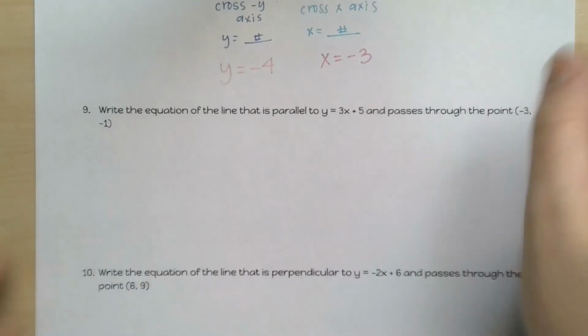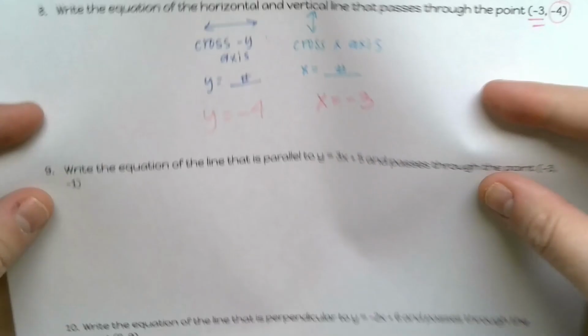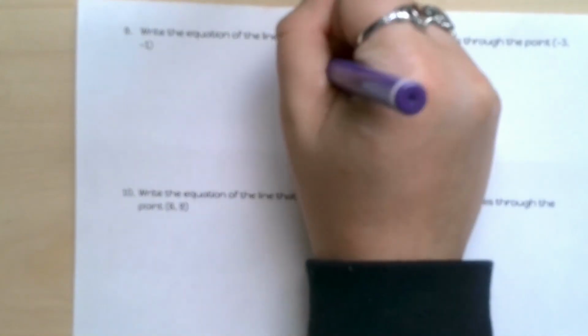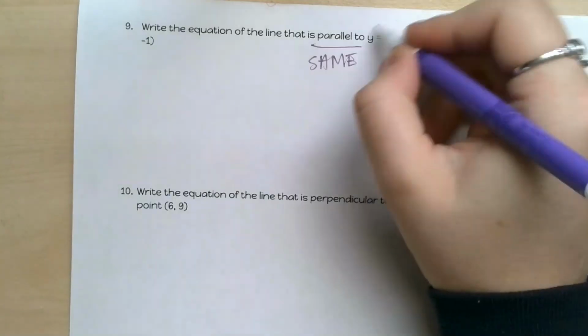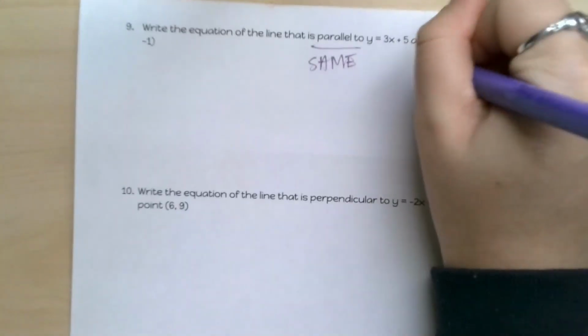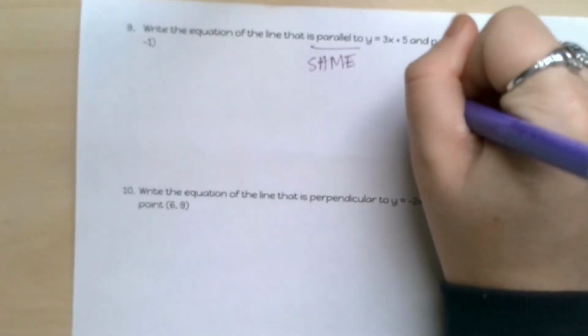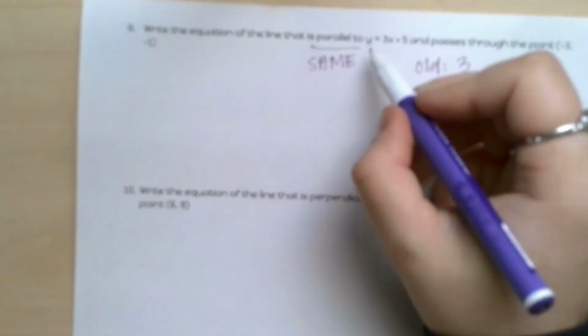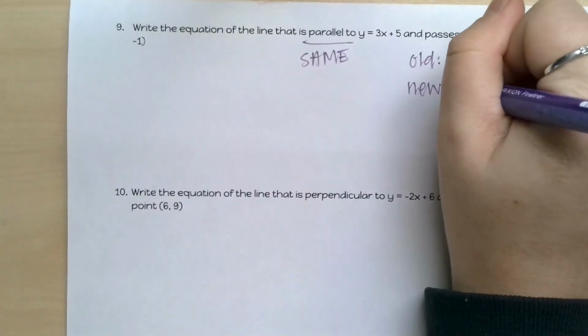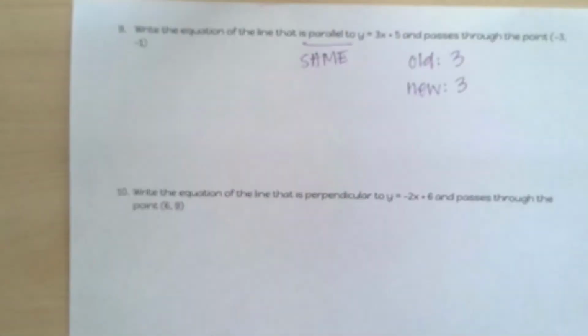For 9 and 10, we are just going to briefly talk about these. These are all about parallel and perpendicular lines. So remember, our parallel slope is the exact same slope. So if you're given an equation, you want to identify your old slope, which is 3. And then our new slope, if we want it to be parallel, has to be the exact same as our old slope.